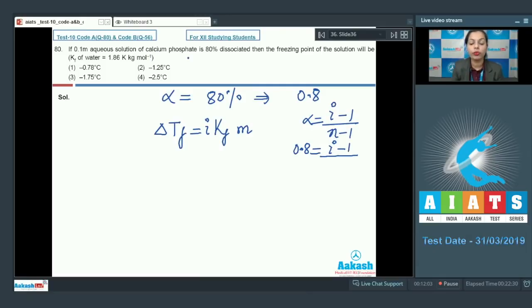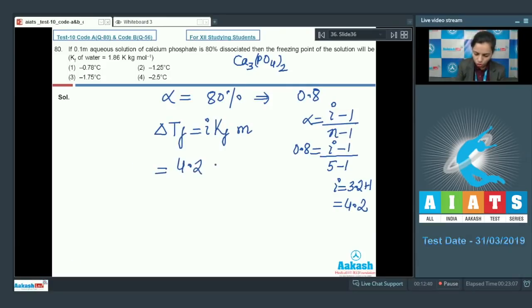How many ions would be formed from calcium phosphate? The formula is Ca3(PO4)2. 3 plus 2, 5 ions total, so n minus 1 is 4. So i minus 1 is equal to 3.2, so i is 4.2 here. Now let's place the values: 4.2 into 1.86 into 0.1, that's the molality we are considering here. This is the delta Tf value.